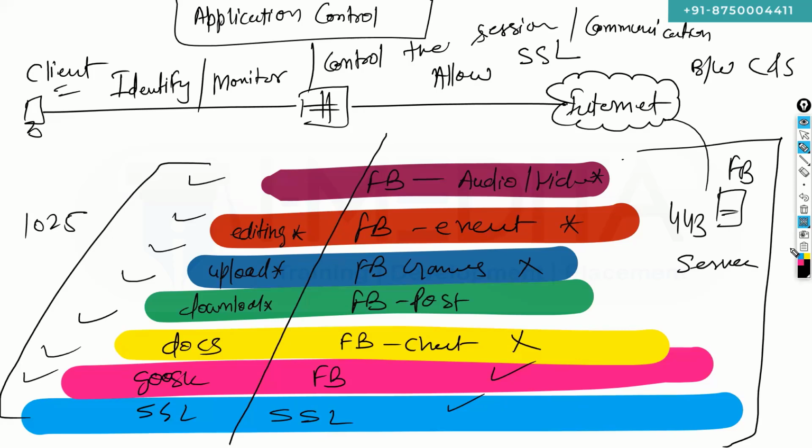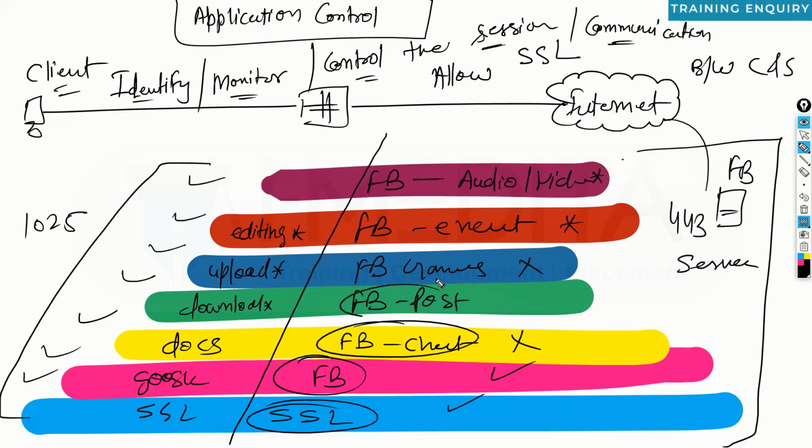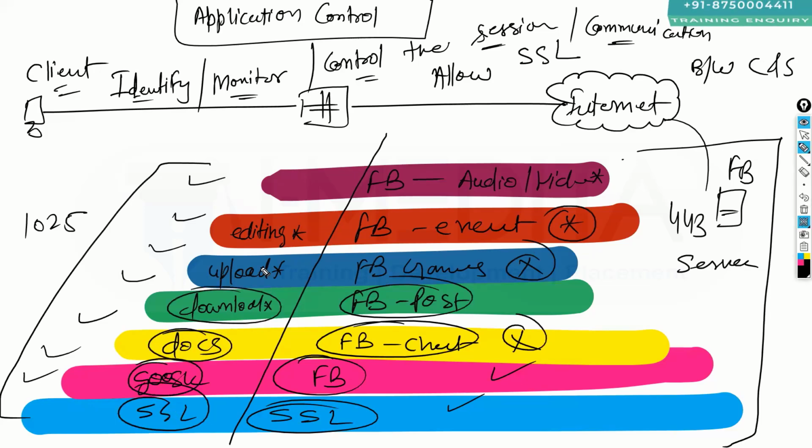You can identify this is SSL, this is Facebook chat, as well as you can control them. You can identify this is SSL, this is Google Docs, download, upload, and you can control that. As Palo Alto does, Checkpoint can also do. The only difference is some vendors will provide you more control, some will provide you less control.